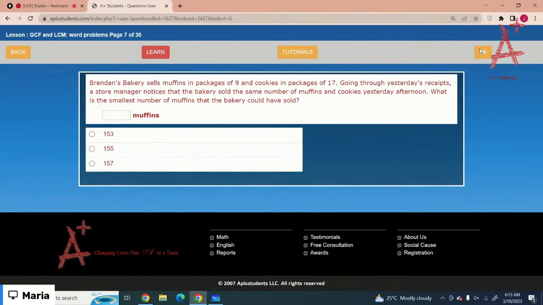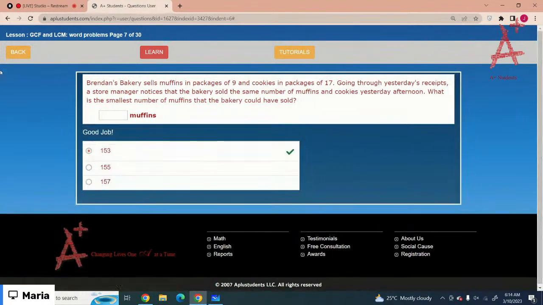That means they don't have any common multiple. Let's just multiply 9 times 17. So the correct option is 153. Okay, you can complete the test by yourself later today.